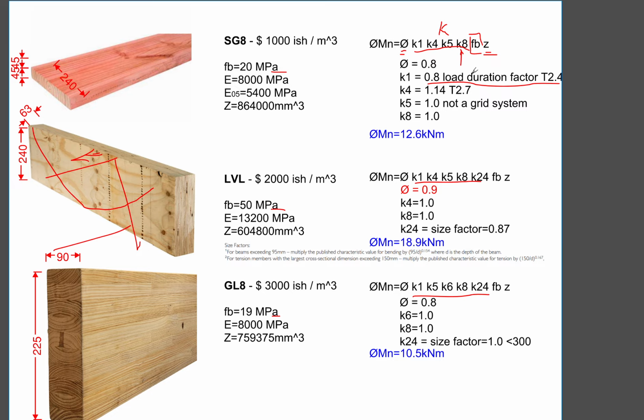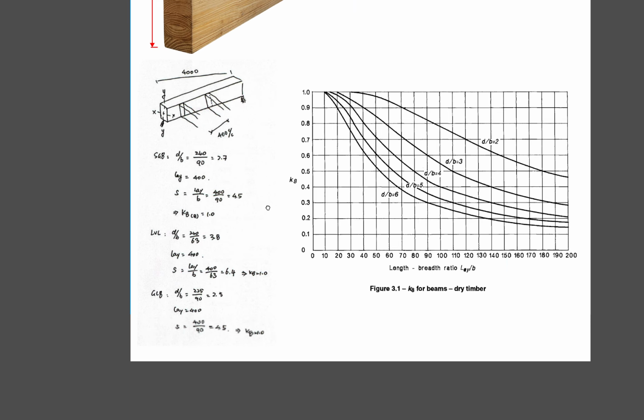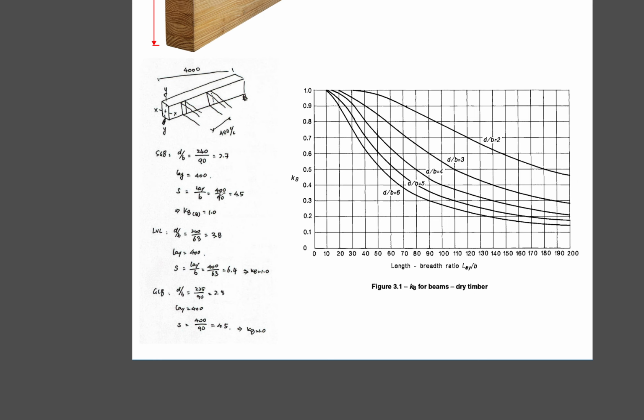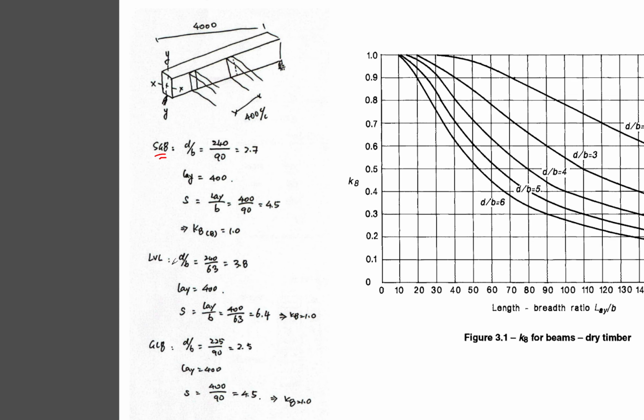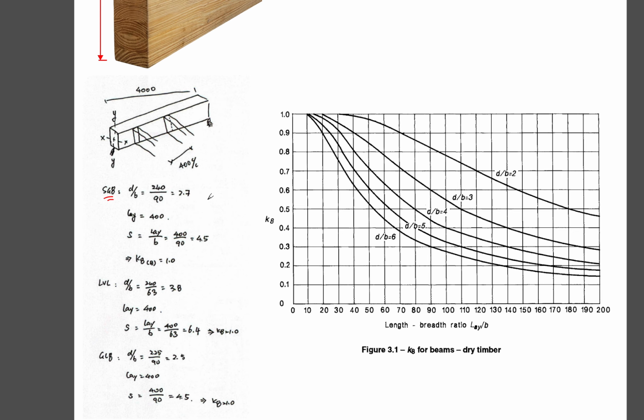So in this case, you can calculate your K8 by using these equations here. You would have your bending about your major axis, which is XX, and then your minor axis, which is YY. For the major axis, it's normally between the supports, that will be the full length.